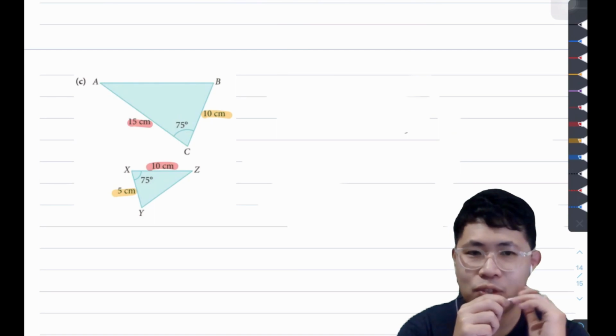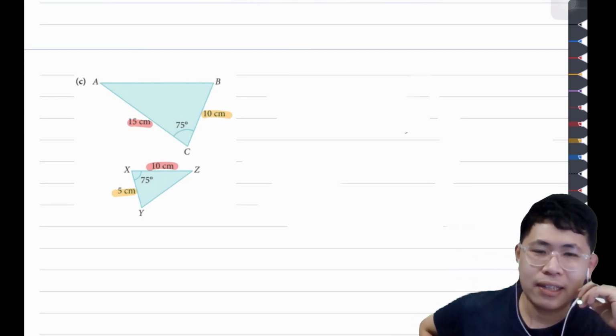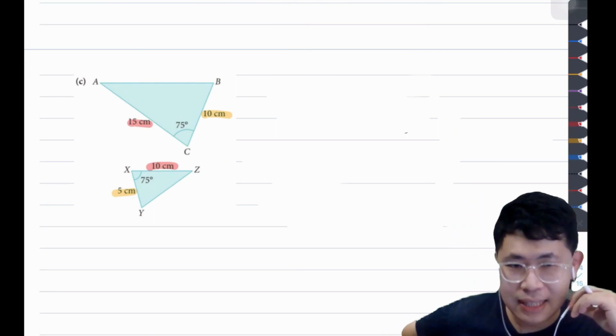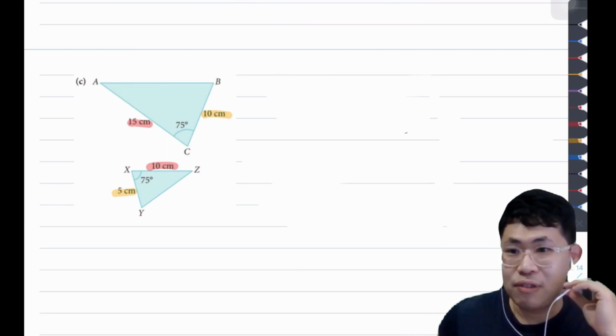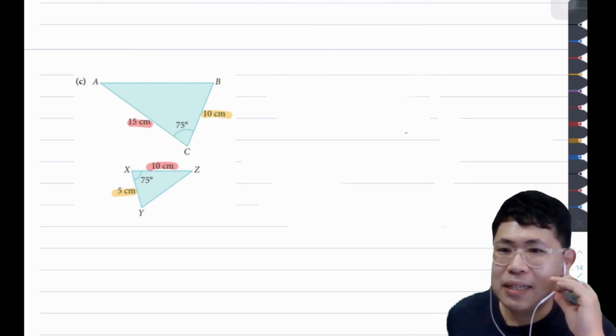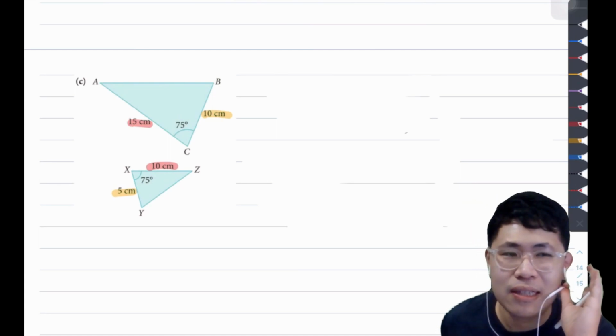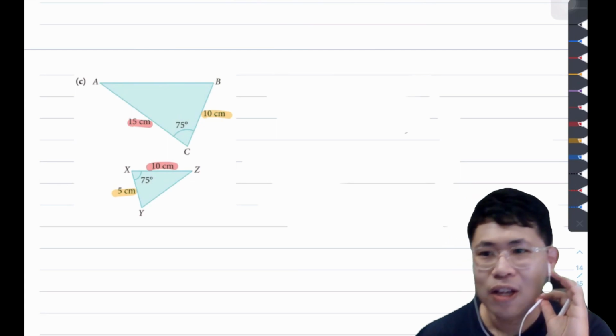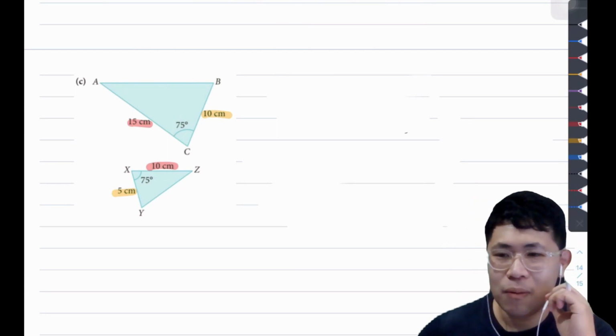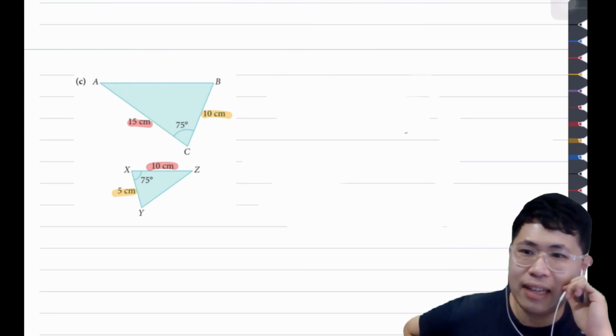For the very last one over here, we have triangle ABC and triangle XYZ. We have a 75 degrees over there, which means that I can actually map. But it doesn't make sense to map the 10 cm to 10 cm because one is big, one is small. So let me map something with common sense, which is 5 and 10, and then 10 and 15.